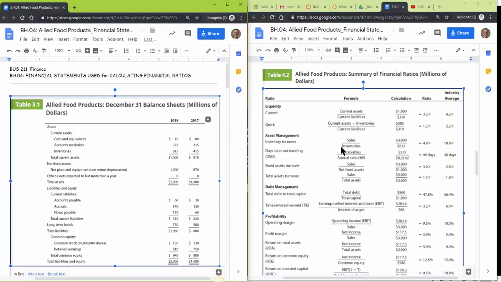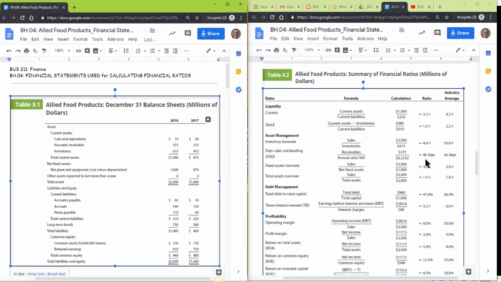Putting the first two ratios together, the inventory turnover and the days sales outstanding, if we calculate that the days to sell inventory is 75 and it takes 46 days to collect, 75 plus 46 produces 121 days from the time that the inventory is stocked until the time that cash is collected. 121 days is about 4 months.